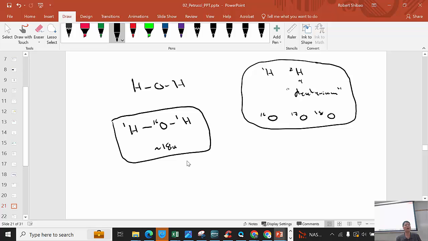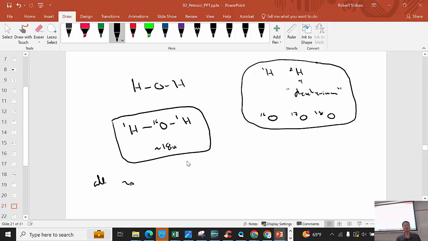So can you tell me all the water molecules that you can make from these atoms, these isotopes? So this would be the most abundant. What do you think would be the next most abundant?